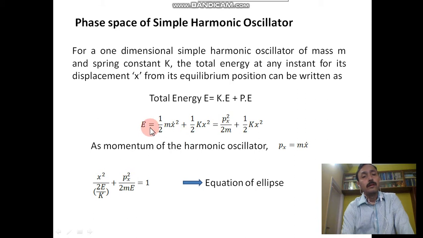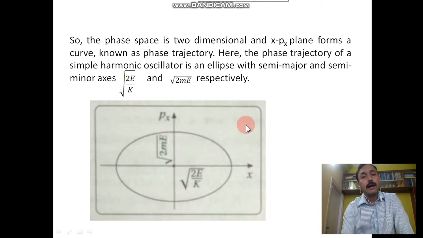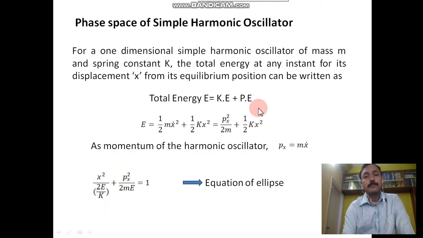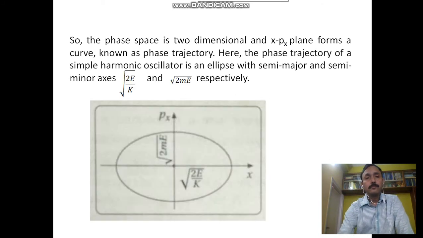So if we divide both sides by E, then it becomes x square by 2E by k plus px square by 2mE equal to 1. This is the equation of an ellipse. So the phase space of two dimensions, the x-px plane, forms a curve.